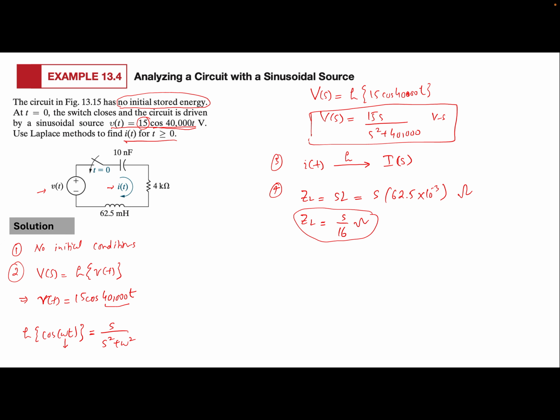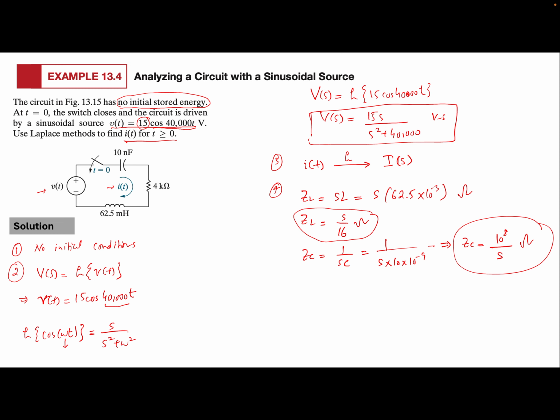Interesting. Let's find ZC as well. ZC is 1 over sC, which is 1 over s times the capacitance, 10 nanofarads. So it can be easily written as 10 to the positive 8 over s ohms.